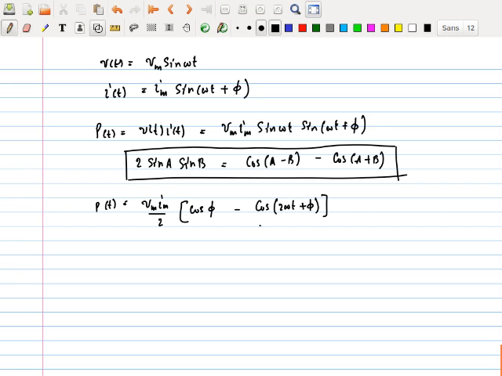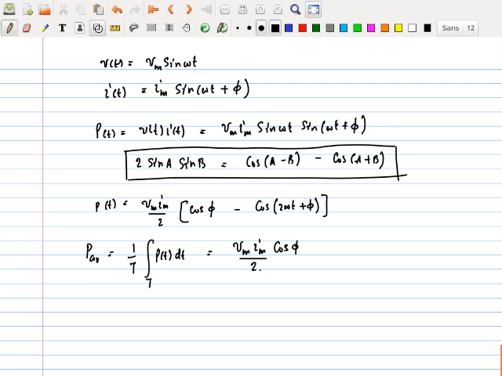But here's the deal. Now if I find the P average of this by integrating, you are definitely going to realize this part is going to go to 0. So if I go through a cycle of P(t) dt, you are going to find this is equal to Vm times cosine of phi over 2.